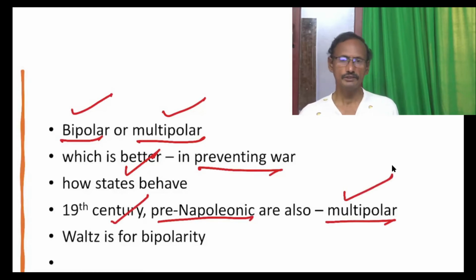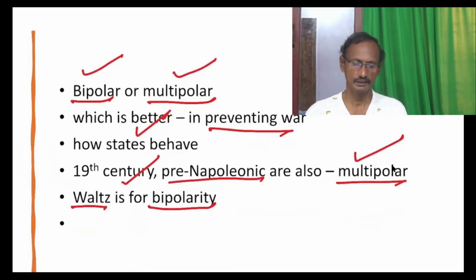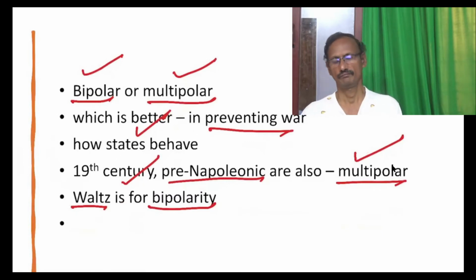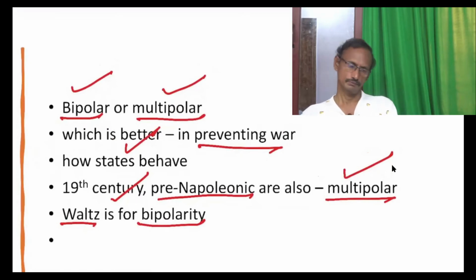And system theories debated which is better. Waltz, for example, is for bipolarity, whereas some others are for multipolarity. So the number of poles was one issue in international politics systems analysis.